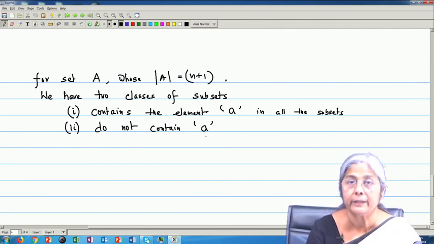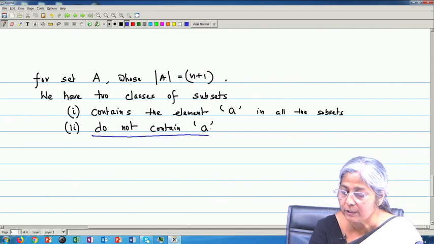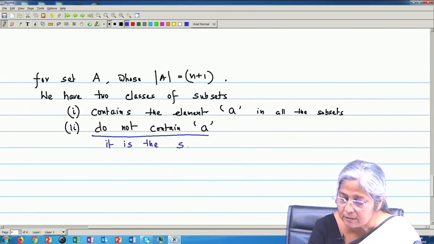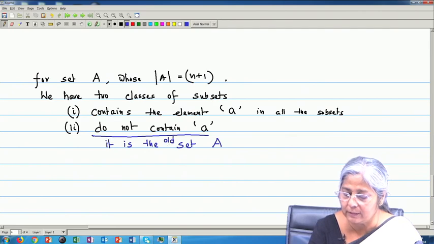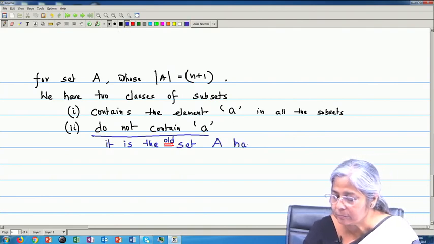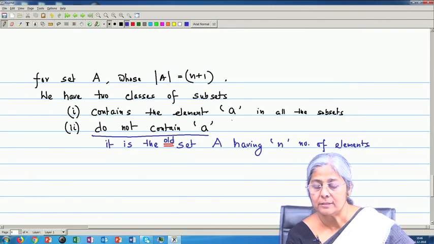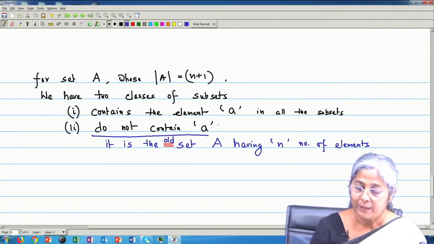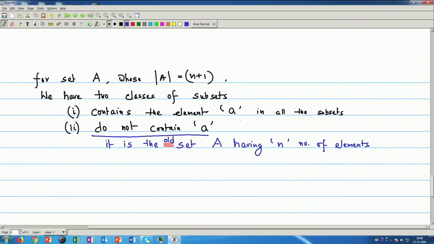Now, the subsets which do not contain A are nothing but those of the previous set, the old set A having n number of elements, because this element we have just introduced, and the first category contains the element A only.